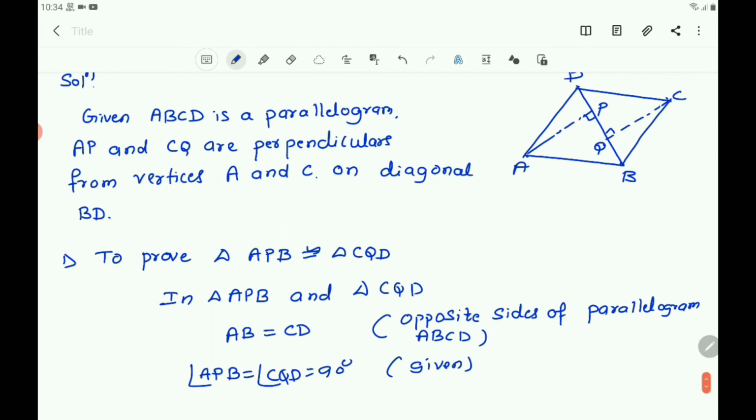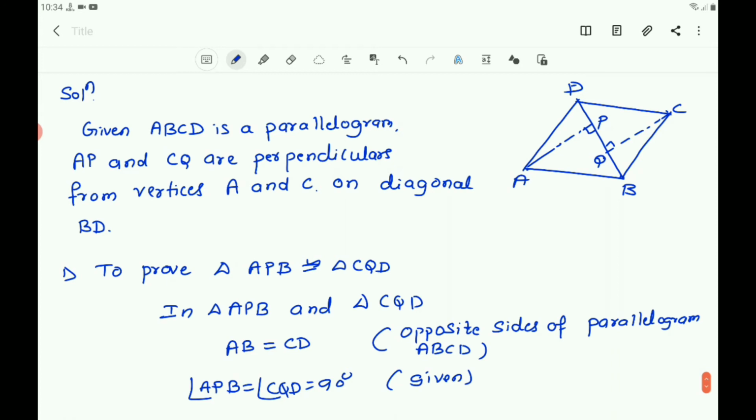And also you know that here DB is a diagonal and DB becomes the transversal of the lines DC parallel to AB.